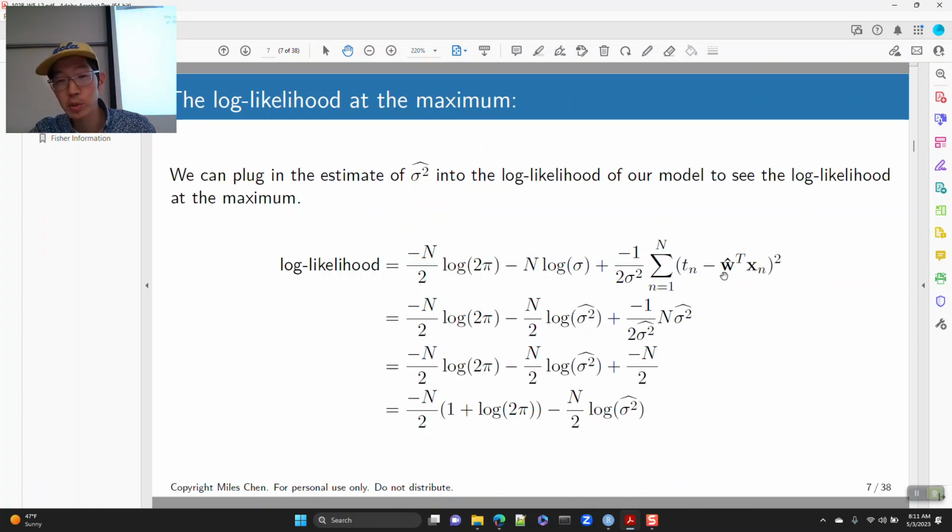So I'm going to replace the sum of squared errors with n sigma squared hat, and plug sigma squared hat into our estimates all over the place. Then these cancel out, we combine these things, and we get our estimate of the log likelihood at the maximum.